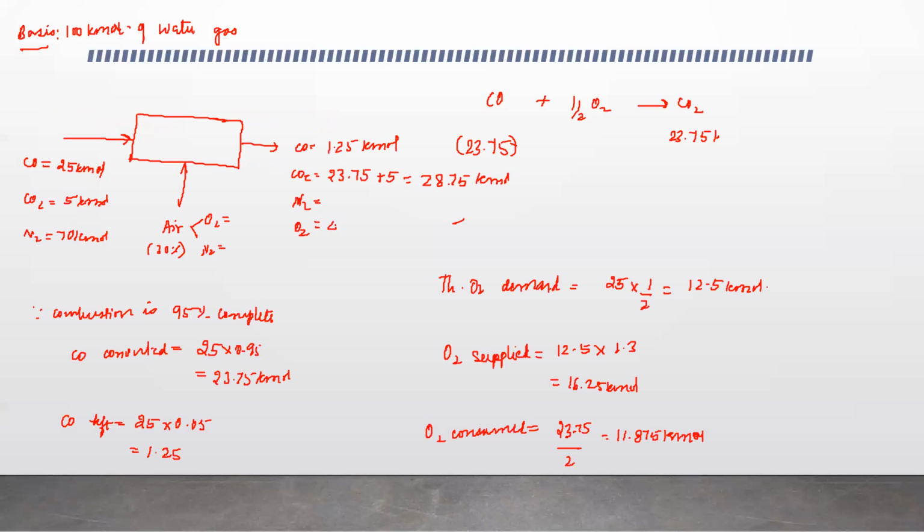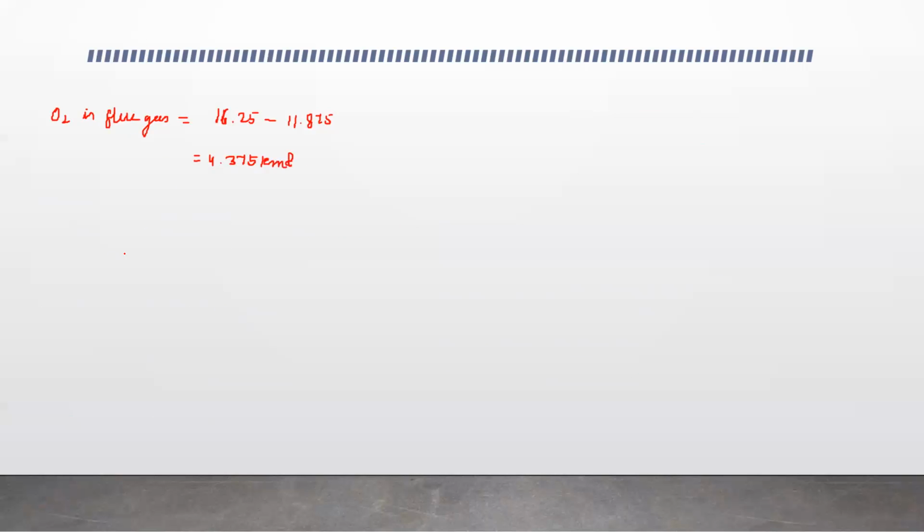Then, since oxygen supplied is 16.25, nitrogen supplied is going to be 16.25 into 79 by 21, so nitrogen supplied is 61.131 kilomole.